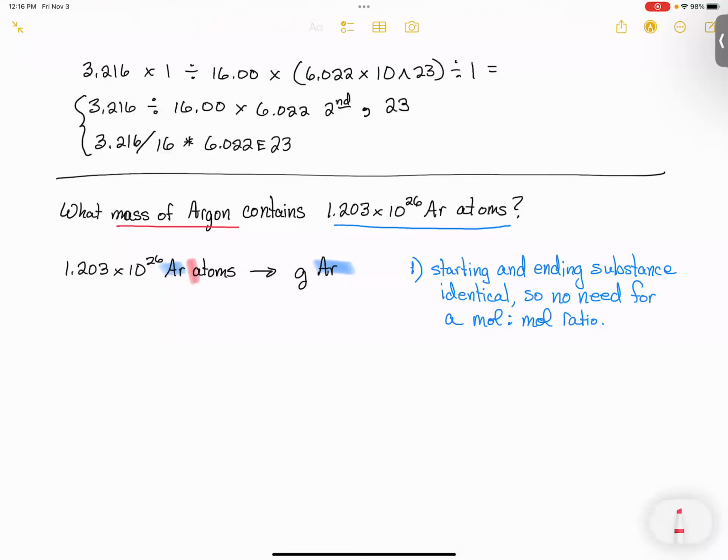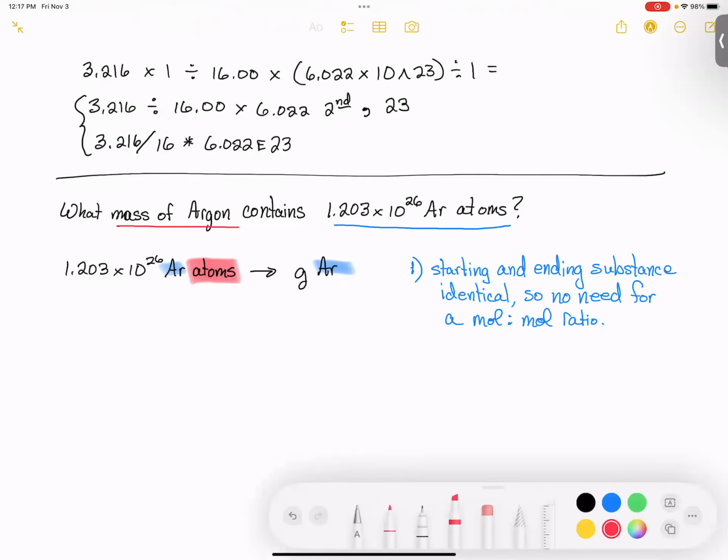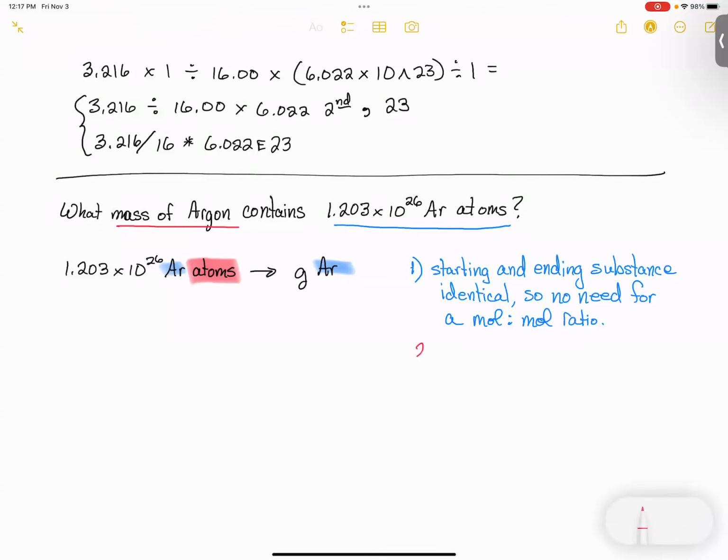The next thing I notice is my starting unit was that of atoms. Atoms means we will need Avogadro's number.